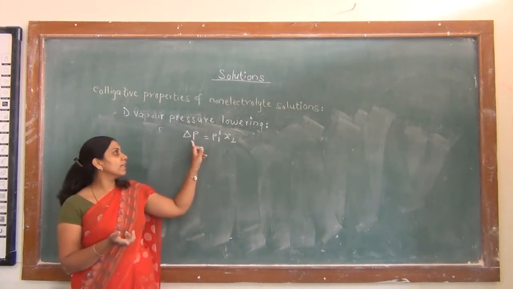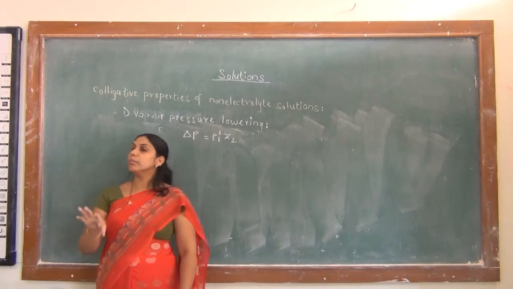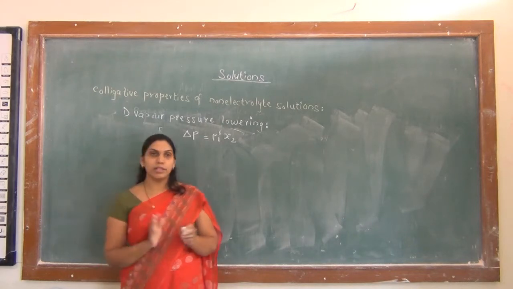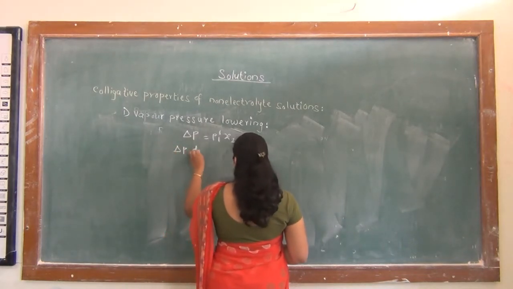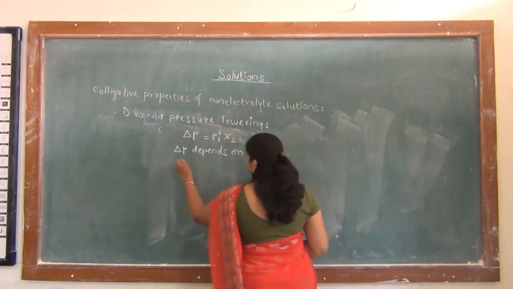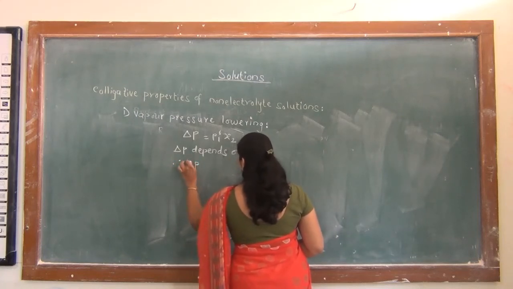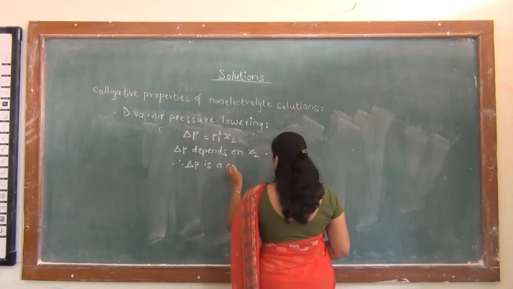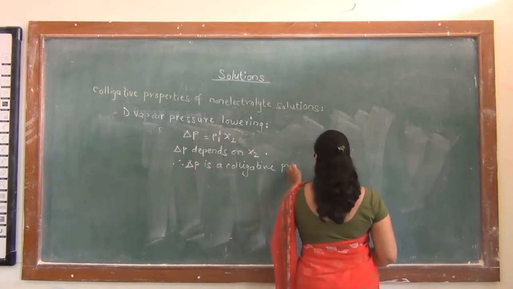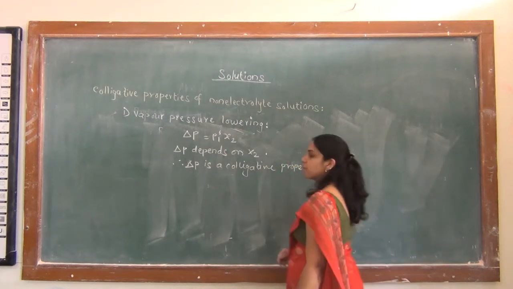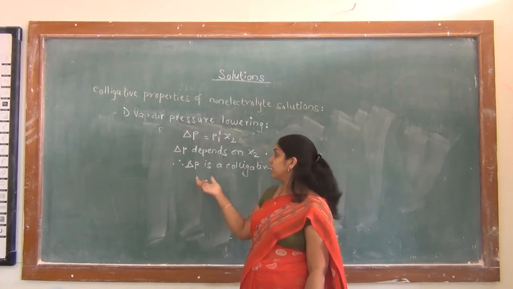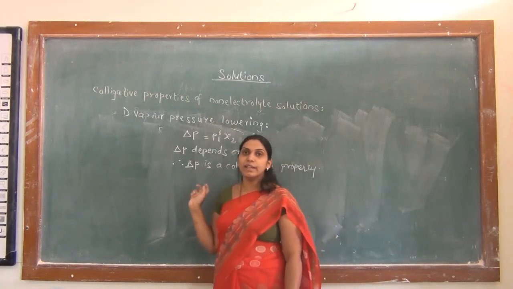That means indirectly delta P is dependent on the number of solute particles, and hence we say that delta P is a colligative property.